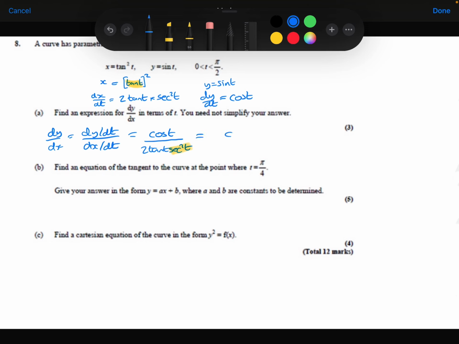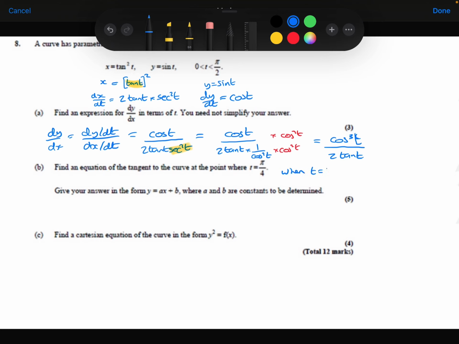So I could rewrite this as cos t over 2 tan t times 1 over cos squared t. And then simplifying this fraction by multiplying the top and the bottom by cos squared t, I'll get cos cubed t on the numerator, and on the denominator I've just got 2 tan t. That just makes it a little bit easier for me to now substitute the pi over 4.